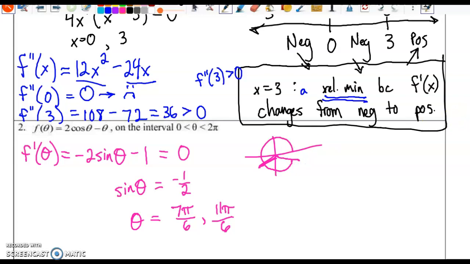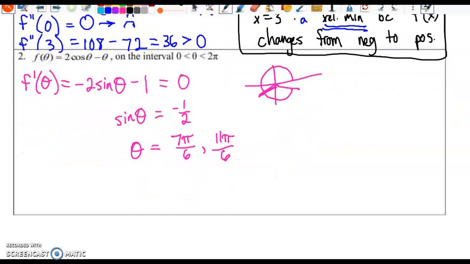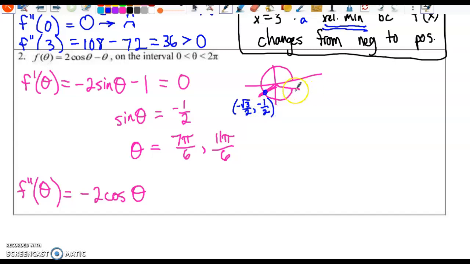And maybe making a sign chart is confusing to you. So that might be why you use the second derivative test. Well, the second derivative would say the derivative of sine is cosine. Maybe I should have written out the ordered pairs. Like this is negative root 3 over 2, negative 1/2, because we want where sine is negative 1/2.